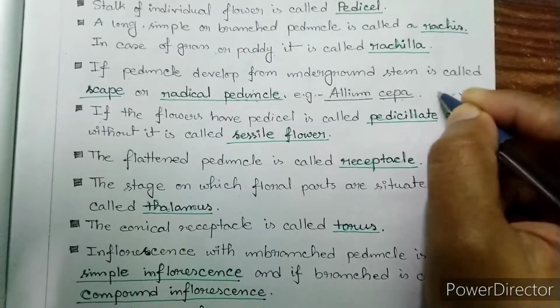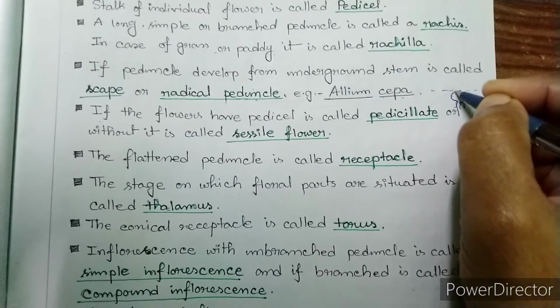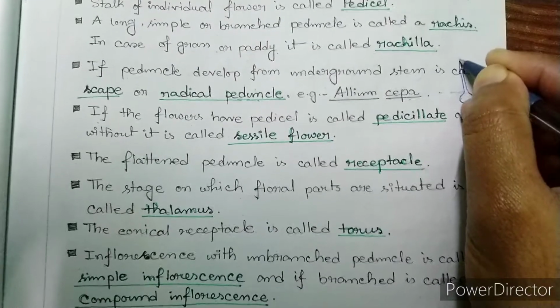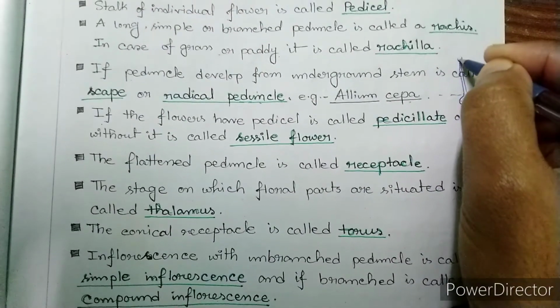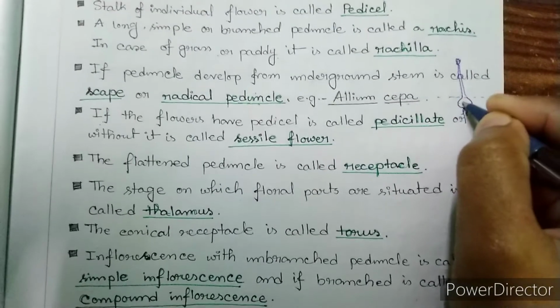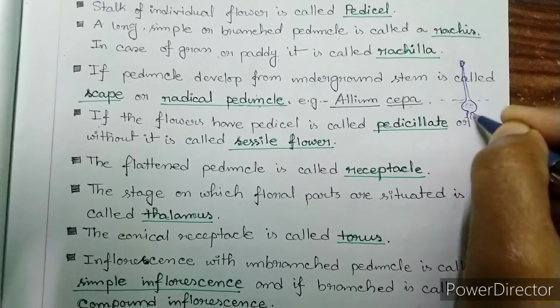This is the branch and this is the soil level, and from here there is a flower arising. This is the underground stem, this is the part of the stem, this is root.